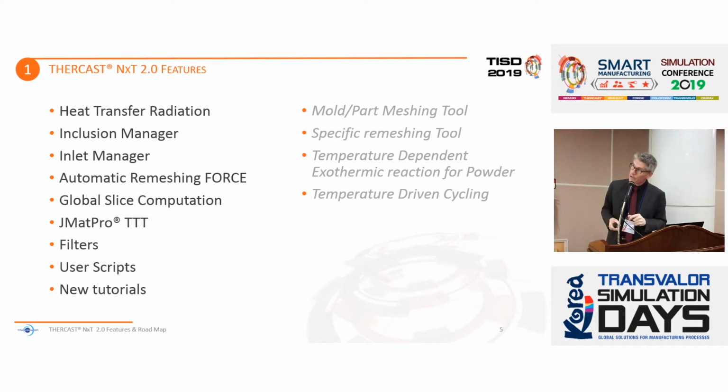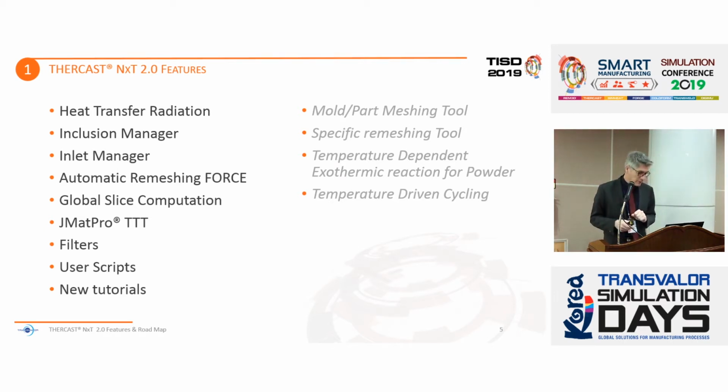The third point is regarding the temperature for the ignition of the reaction in the exothermic powder. So now you have a trigger value from which the reaction will begin, and no more only time, which was the only option available in the previous version.